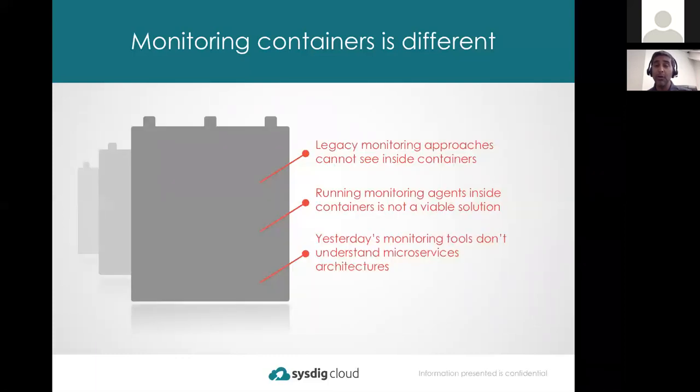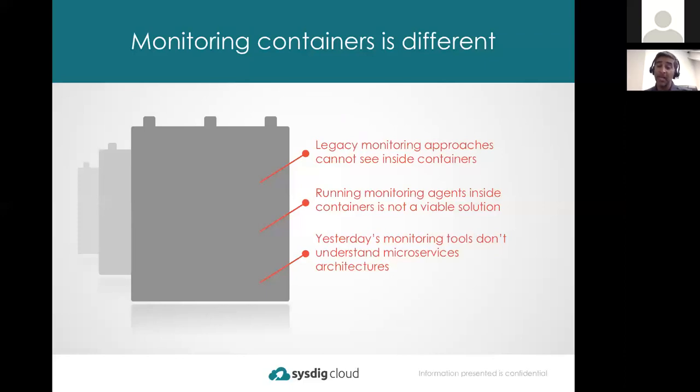So there are three core problems with monitoring containers that make it a different approach. First of all, legacy monitoring approaches can't see inside containers. Containers are designed to be portable black boxes for your code, where you can move them from cloud to cloud, from developer laptop to data center, wherever. The flip side, however, is that typical monitoring tools just can't see what's going on inside the container.